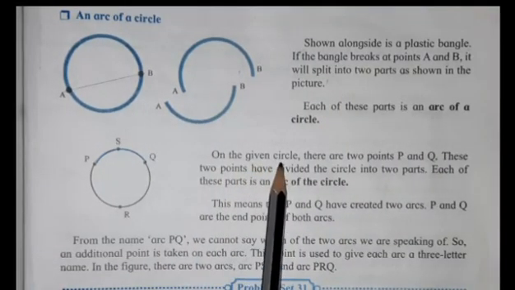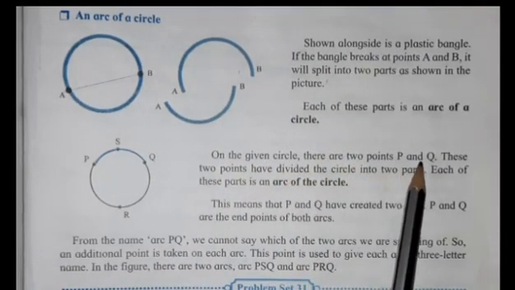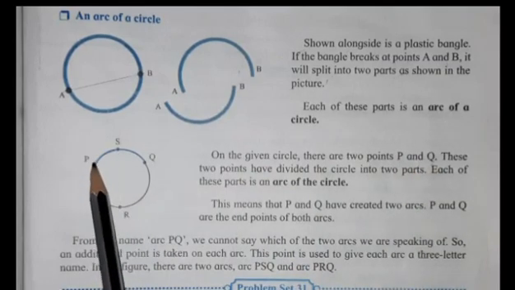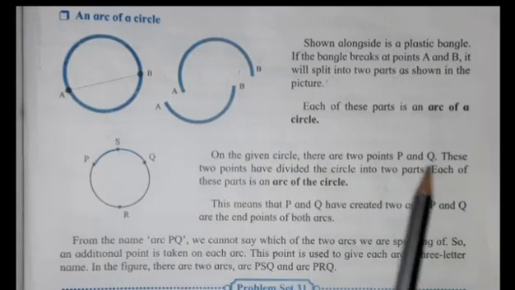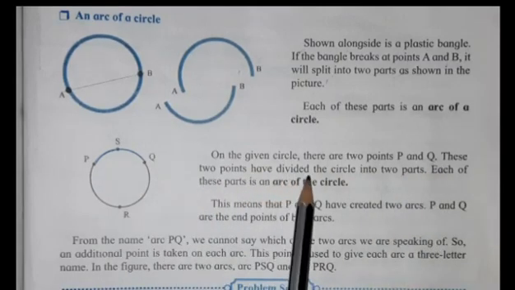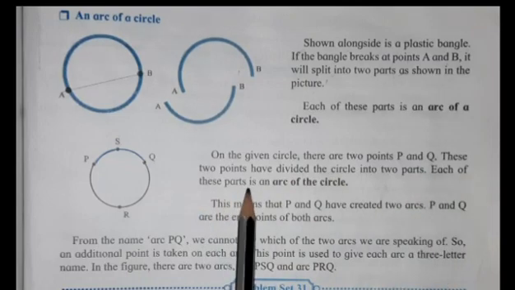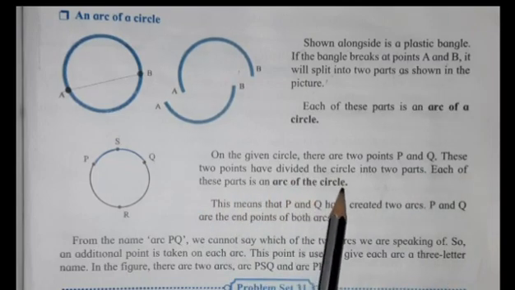On the given circle, there are 2 points P and Q. See here, in this circle, the 2 points P and Q. These 2 points have divided the circle into two parts. Each of these parts is an arc of the circle.